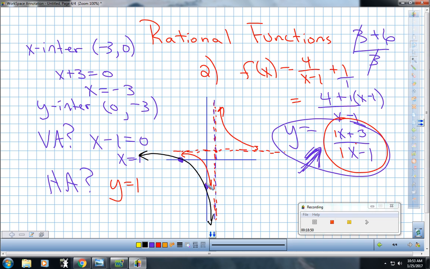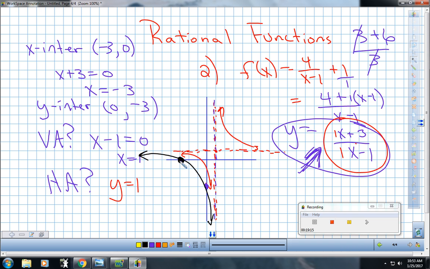Now, here's my next. This is huge. Okay? When we found x and y intercepts, particularly x-intercepts, not only did we find that this is an x-intercept, we also know there are no other x-intercepts. That's almost more helpful than finding the x-intercept itself.